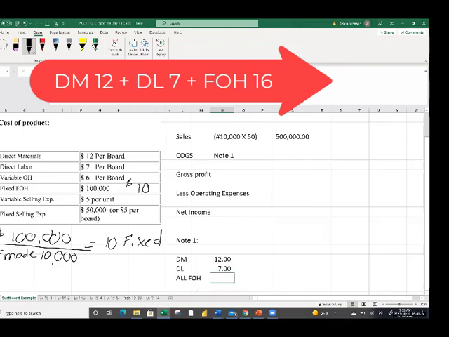So when it says all overhead, that means the variable overhead of 6, which was given, plus the fixed overhead, which we computed to be $10. The two of those added up would be 16.